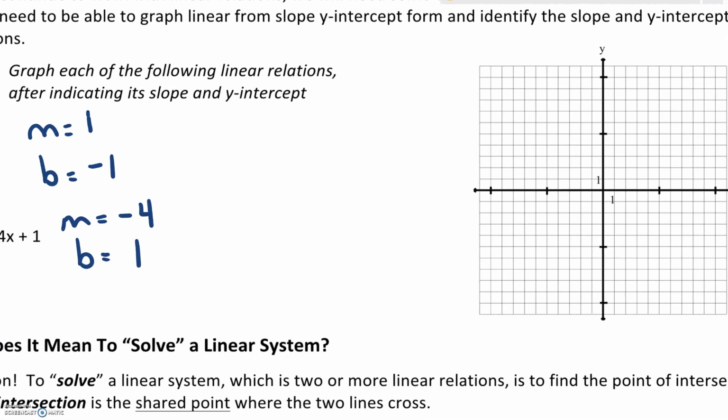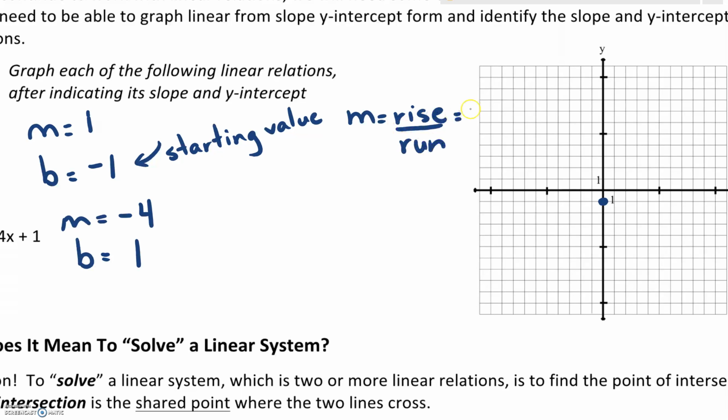For question A, I'm going to use a starting value of -1. So that means that it's a starting value on my y-axis. You need to remember that that's on your y-axis. And to graph more coordinates, you need to use your slope, which is your rise over your run. But in this case, we have a little problem because we only have a rise.